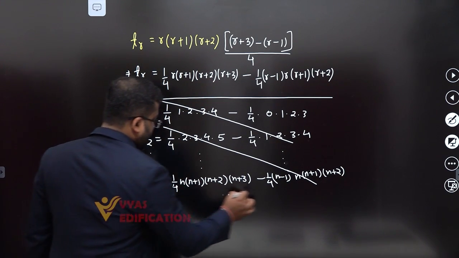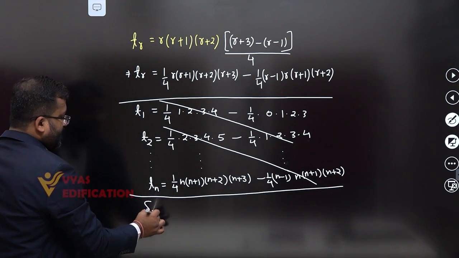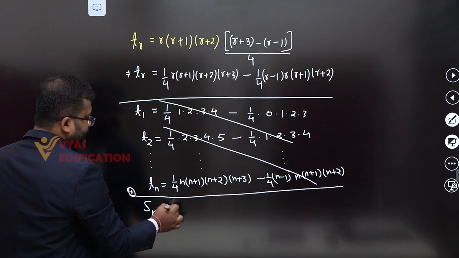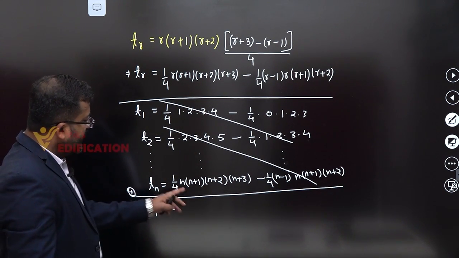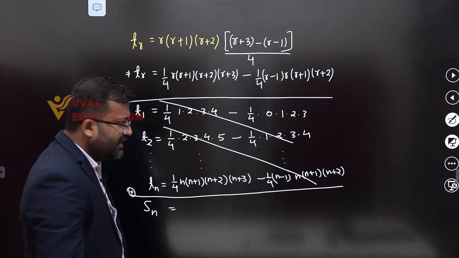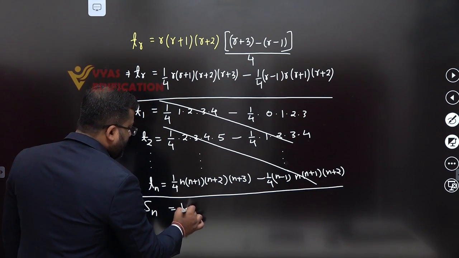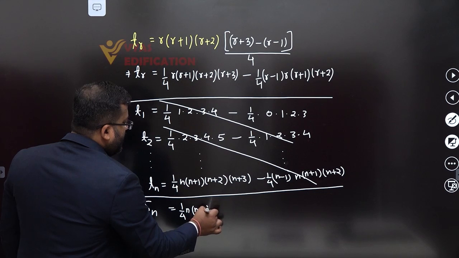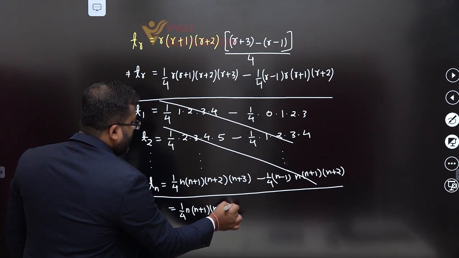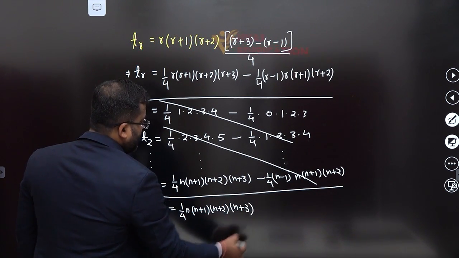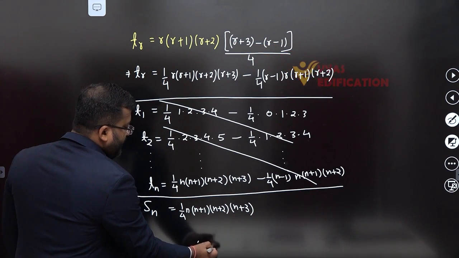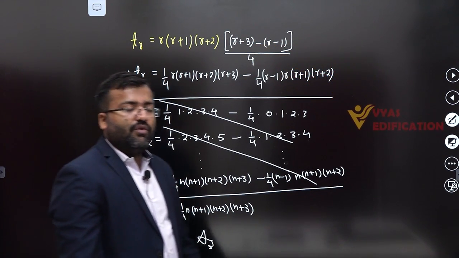So what remains is Sn, which is the sum of all of these, that is equal to this minus this, which is 0 actually. So this is 1 by 4 times n plus 1, n plus 2, n plus 3. Is that okay? Yes, that is my final answer for this question.